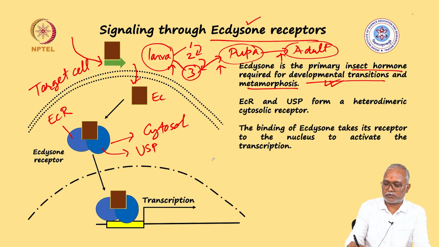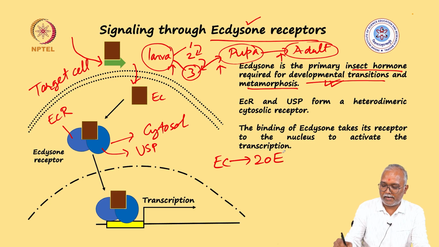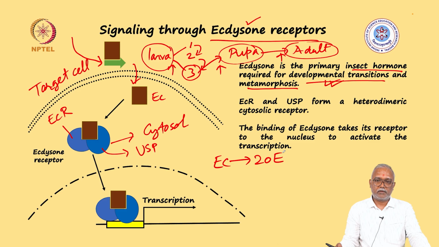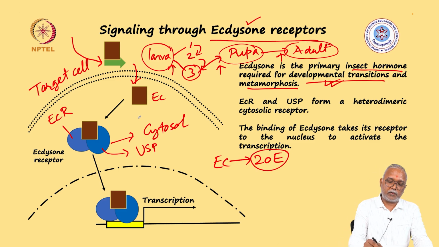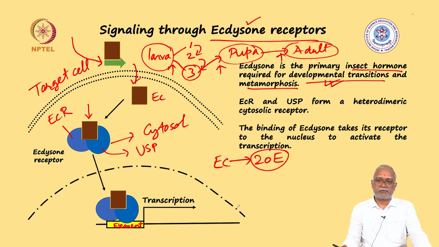So in the case of ecdysone, there is a molecule which will be ecdysone, which will be converted into 20-hydroxyecdysone, and this is actually the active molecule. So when this active molecule is generated in the cytosol, it binds to the heterodimeric receptor, and this receptor goes inside the nucleus, binds to these DNA elements, and then allows the transcription.